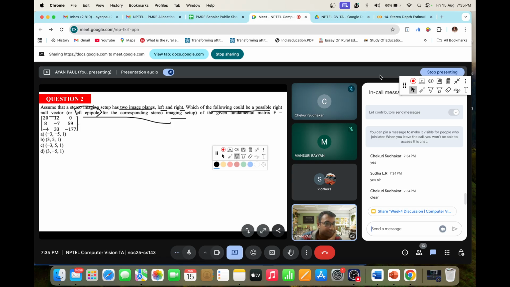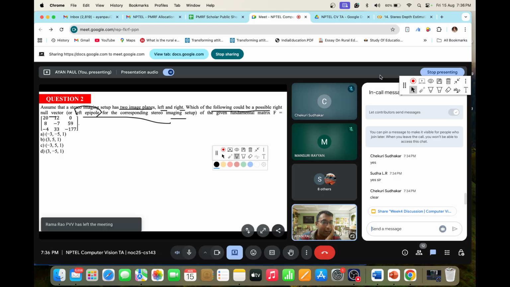Come on. We have discussed this, right? There are two formulas. F e equals 0 to compute the left epipole, and F transpose E dash equals 0 to compute the right epipole.